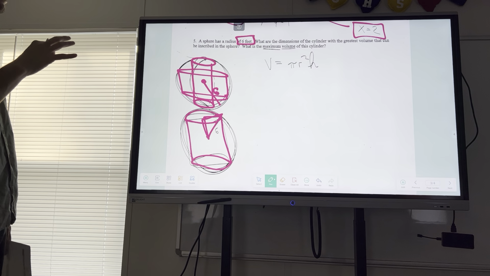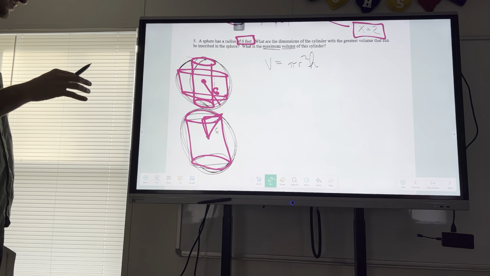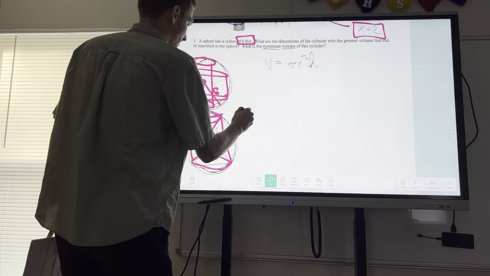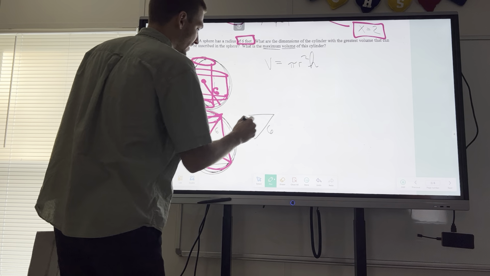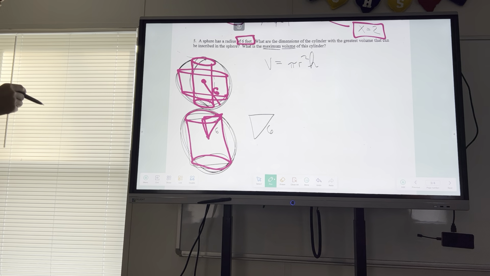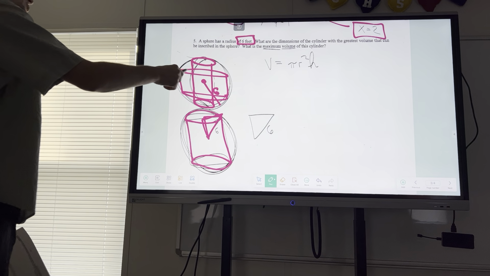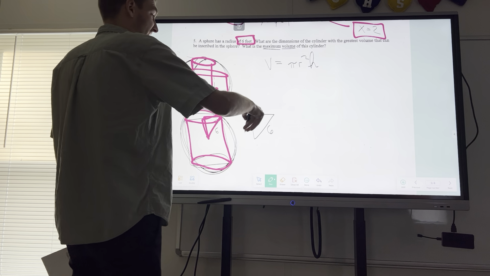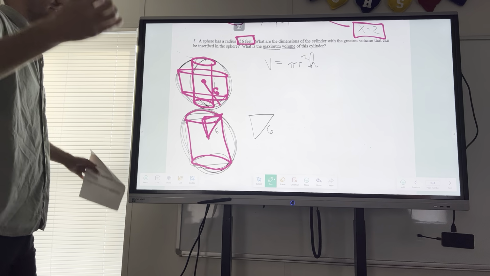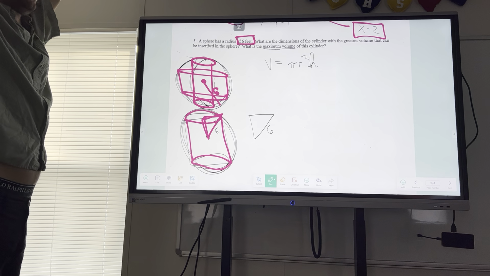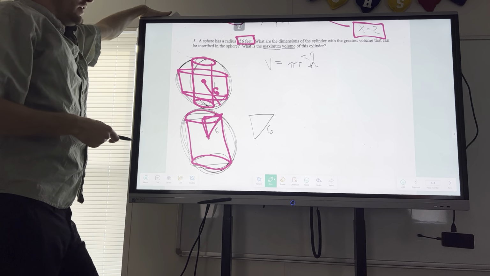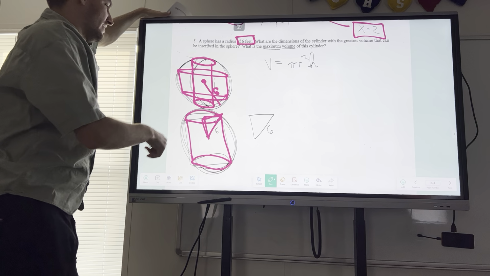If we think of it kind of like a triangle, the triangle has 6 as the hypotenuse. We don't know for sure if these two sides are the same, because maybe it's a long, skinny cylinder, or maybe it's a tall, skinny cylinder.